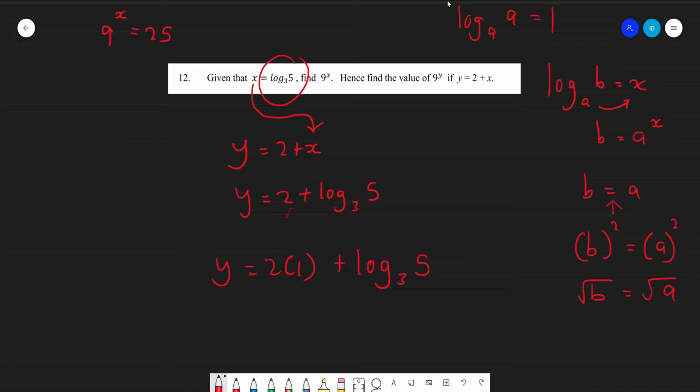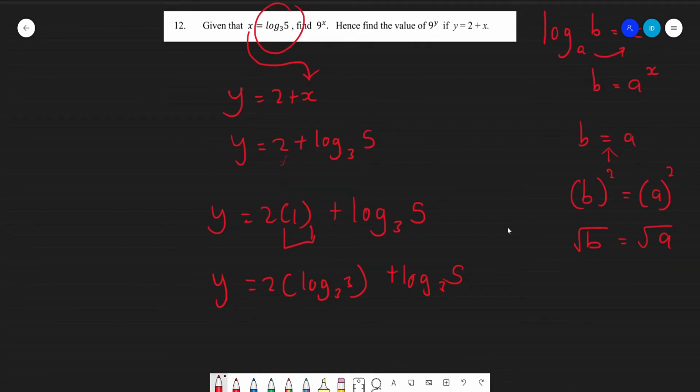So I can just substitute the value 1 here, to become y is equal to 2 log base 3 of 3. Remember, any number that has the same base as the logarithm base will give us the value of 1. Then we add them, plus log base 3 of 5.